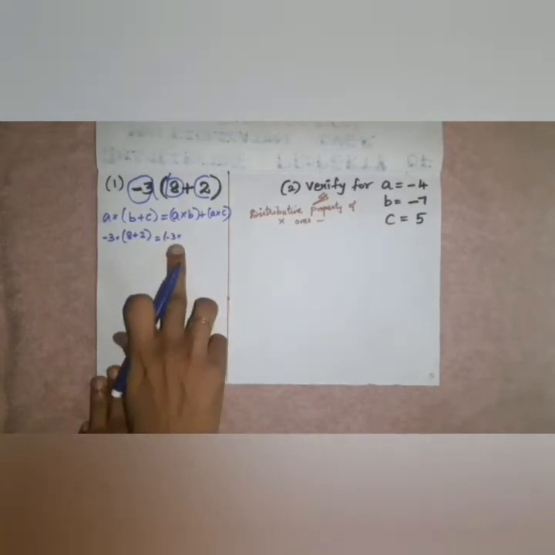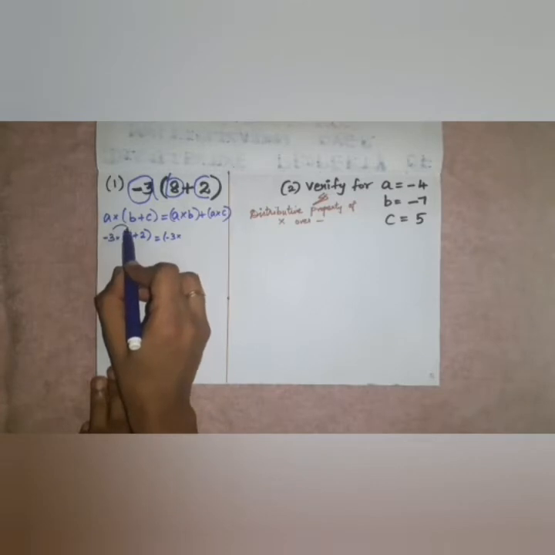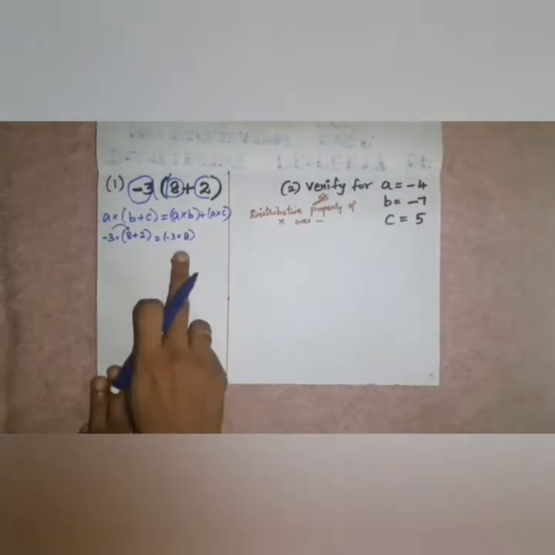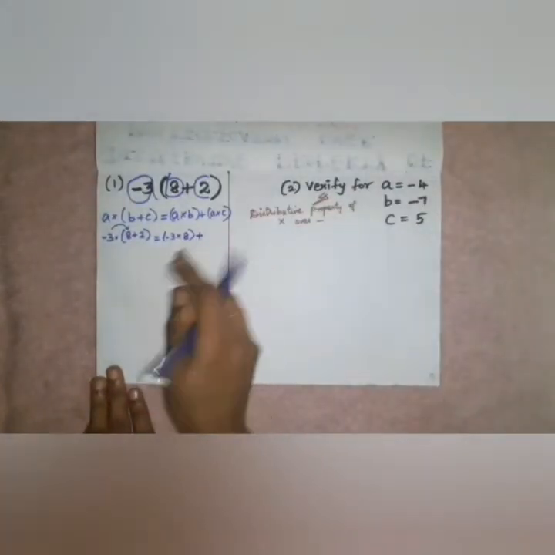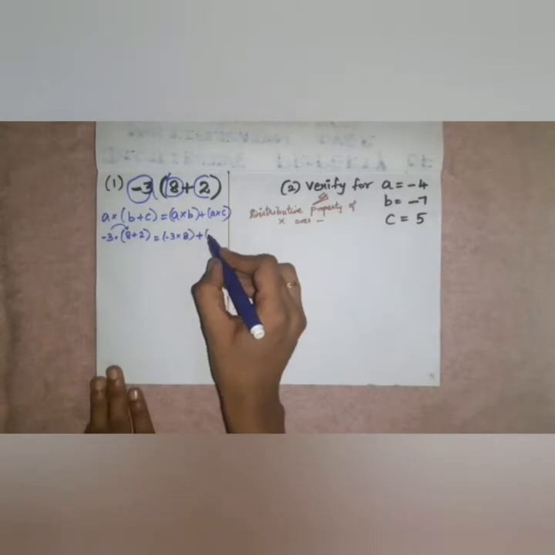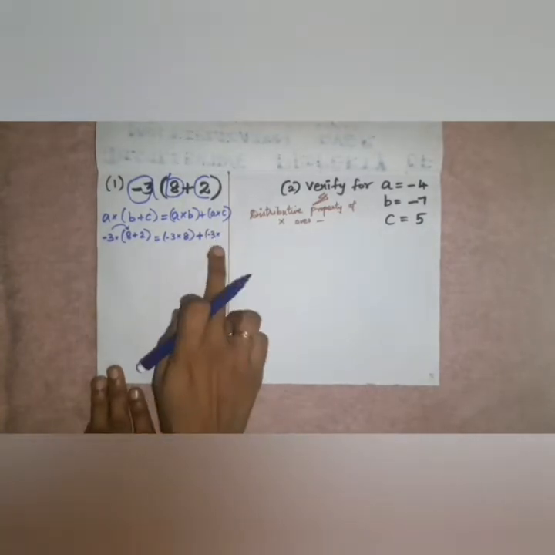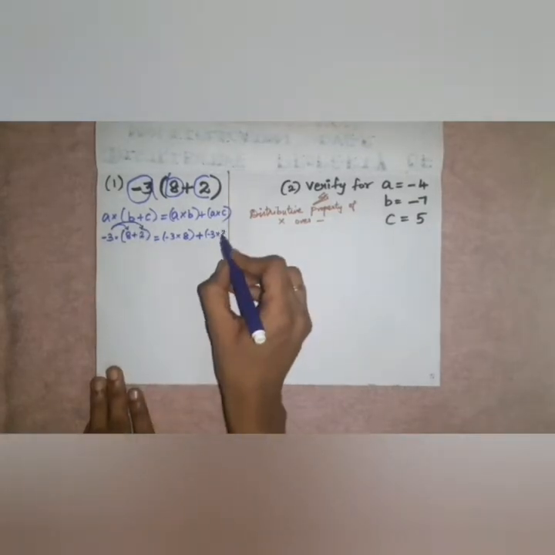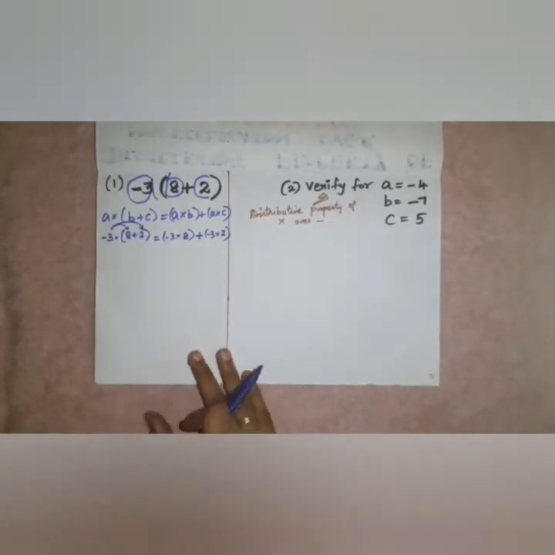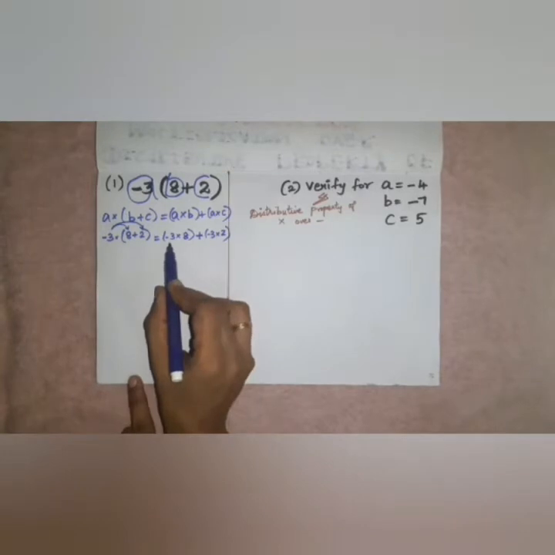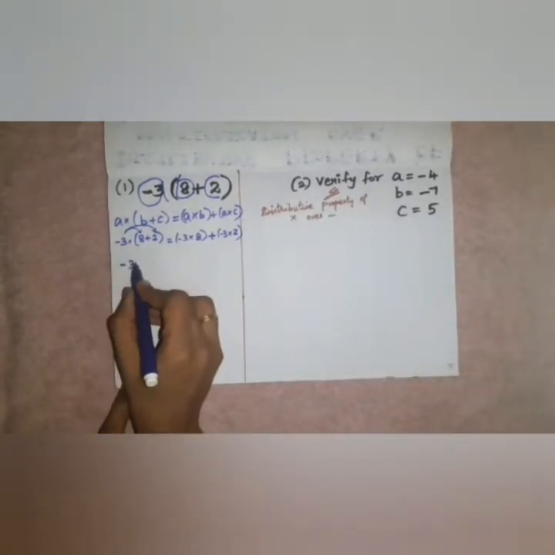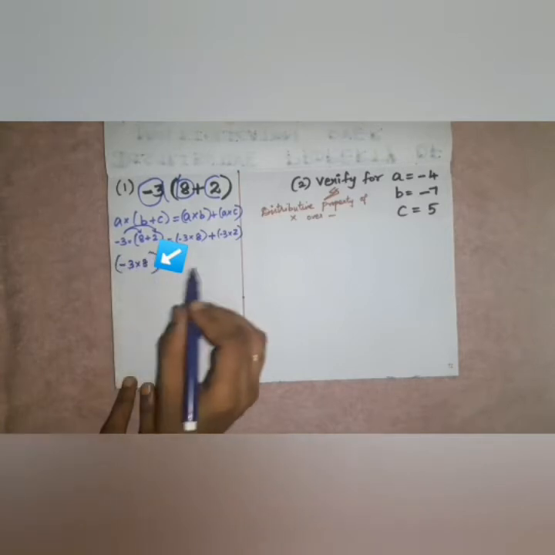Let's write it on the right hand side: minus 3 goes and meets his friend 8, plus minus 3 goes and meets his friend 2. So A into (B plus C) equals A into B plus A into C. We know the integer calculation, so let's do the calculation separately.